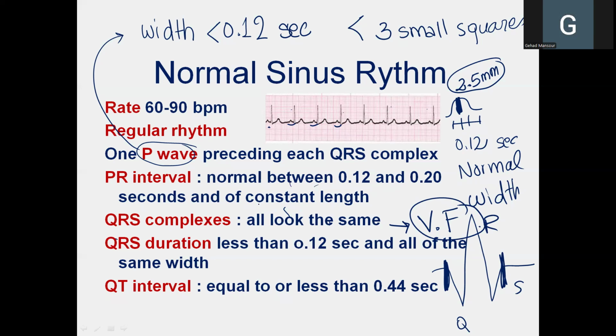So it should be less than 0.12 seconds. So you have to measure it. You have to count the number of small squares from the beginning of the Q wave to the end of the S wave and find if it is less than 3 small squares or not.